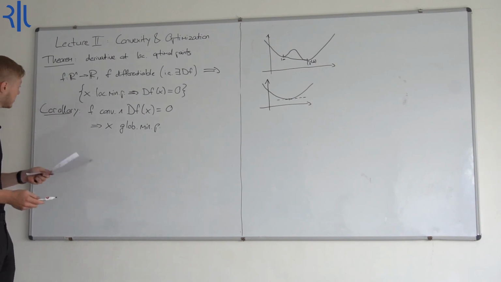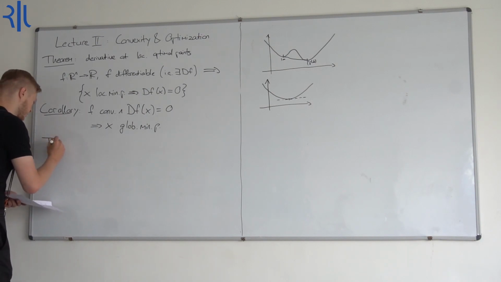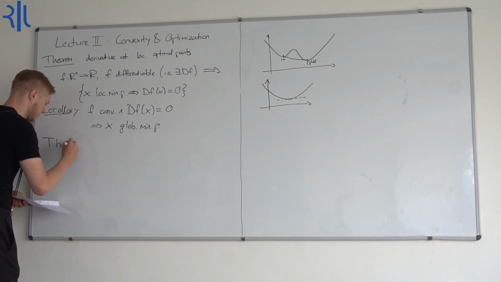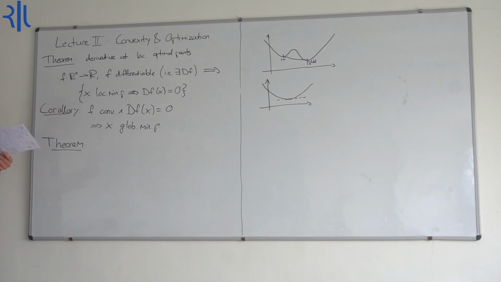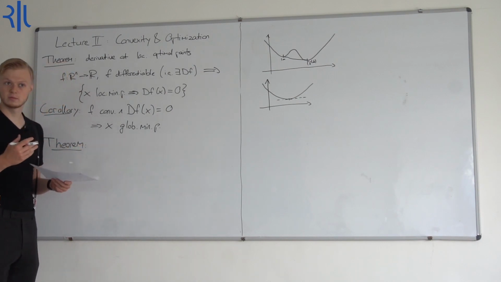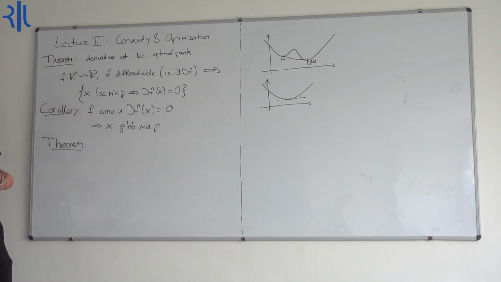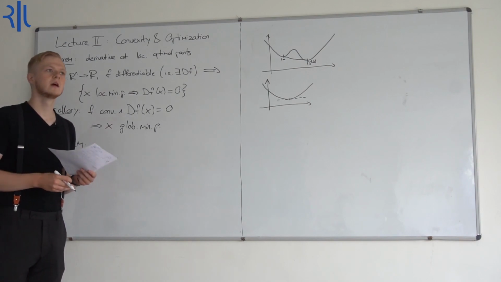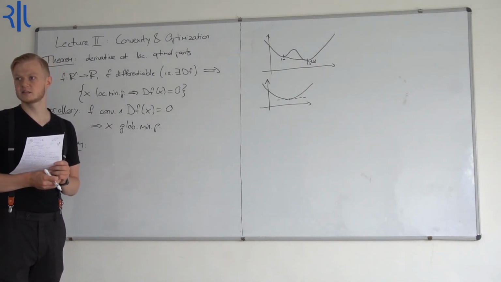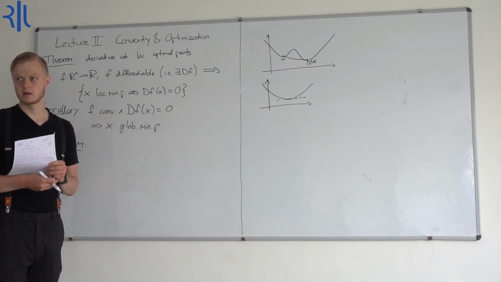And what might come in very handy if you want to prove that a function is convex is that if a function is twice differentiable and the second derivative, which will give you a symmetric square matrix, is positive semi-definite for all x values, then the function will be convex.